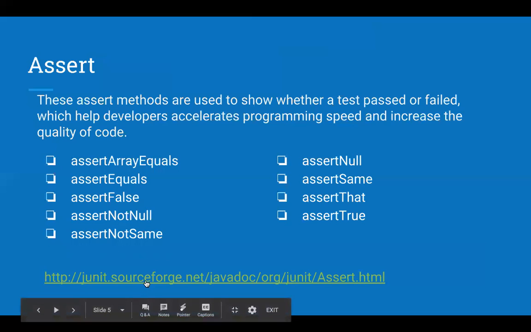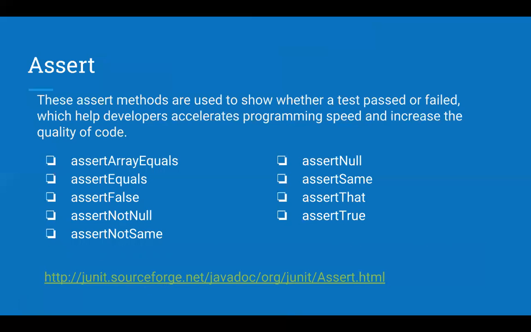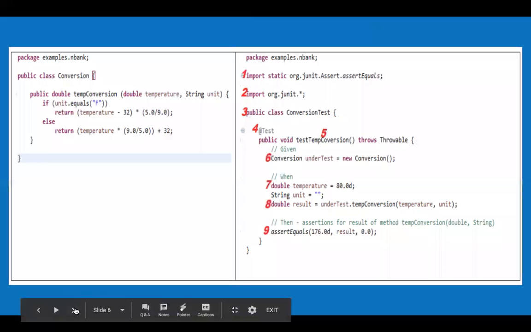Where I went to look and learn to use those was JUnit SourceForge. It gave the syntax and how you could use each one of those. We'll look at that webpage in just a minute.